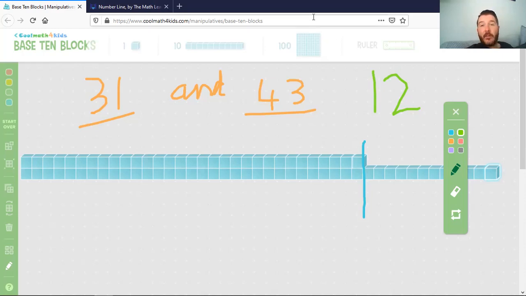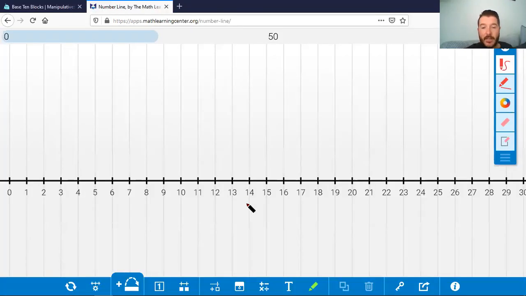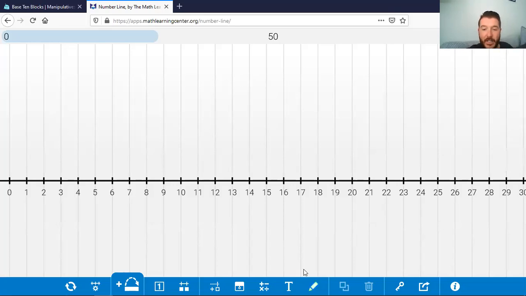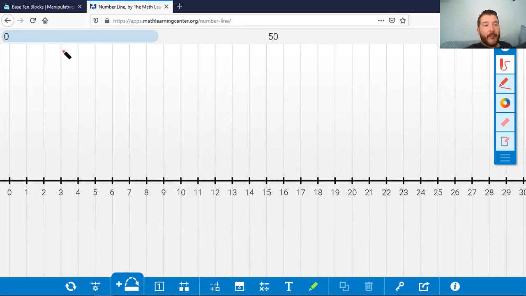We're going to have a look now at a different couple of ways. So I'm going to show you another way of doing it. And this time, we're going to use a number line. Okay, so say we had a problem that asked us to do something along the lines of what's the difference between 5 and 18.